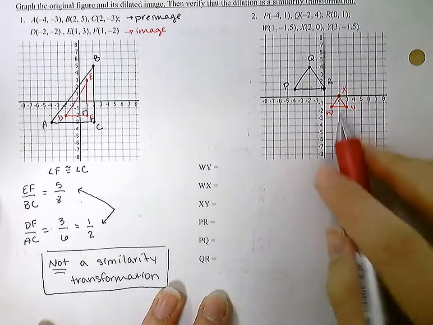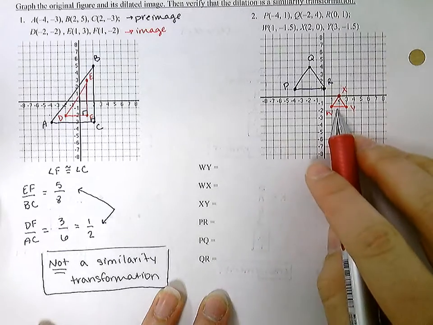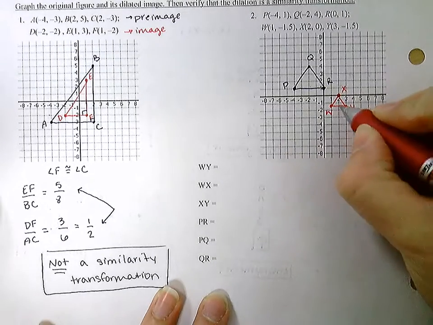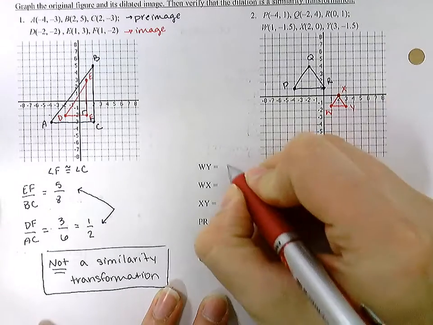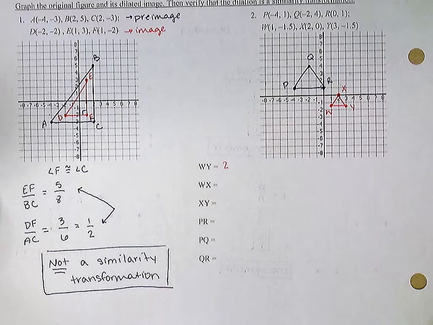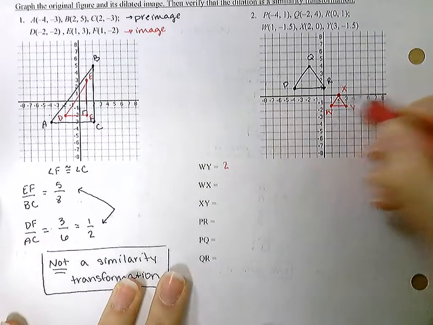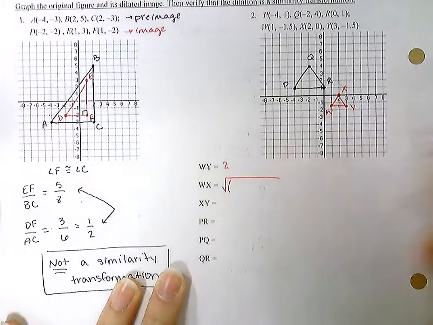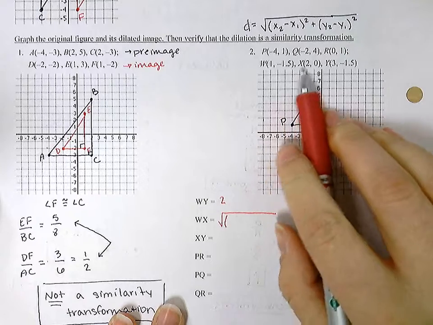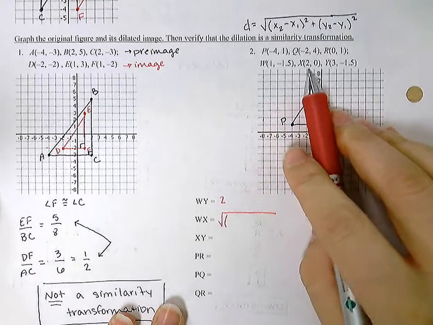So WY is the easy side to find because it's a horizontal line. So that distance is 2. You just have to count. 1, 2. So my distance for WY is 2. For WX, I need to use the distance formula, and I'm going to use points W and X above here.